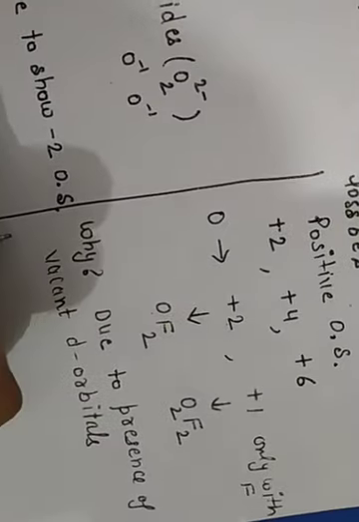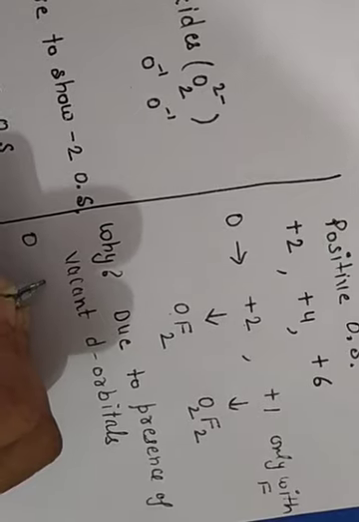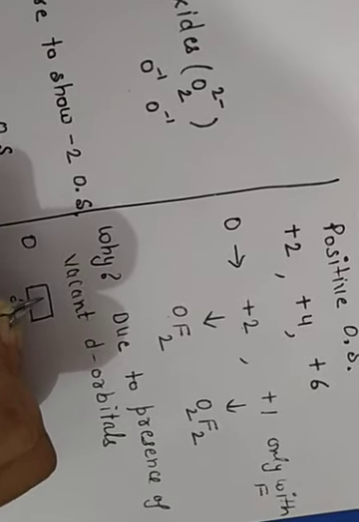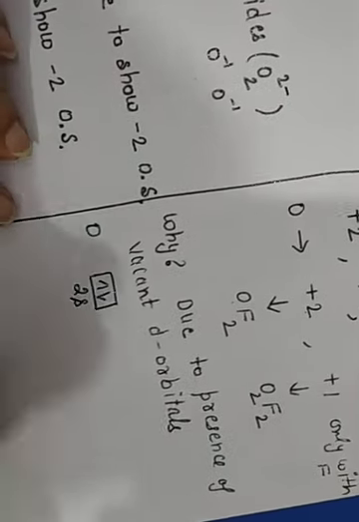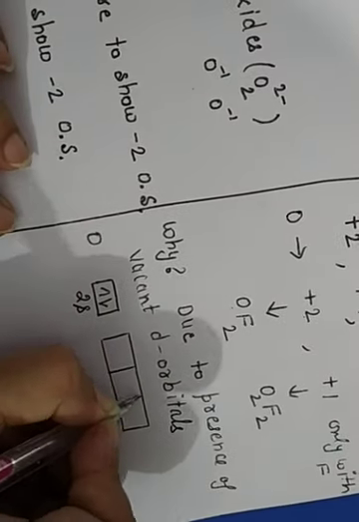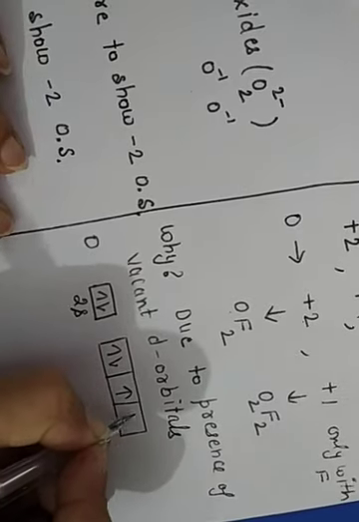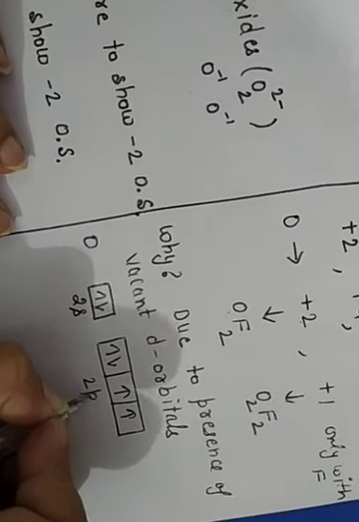For example, if we discuss this in case of oxygen, then its electronic configuration in the valence shell, which is second, has 2 electrons in 2s and 4 electrons in the 2p subshell.